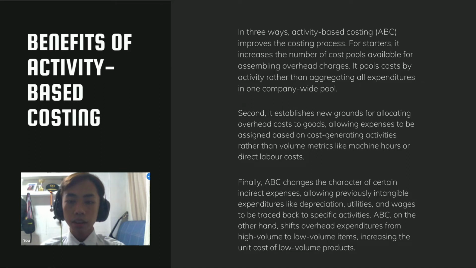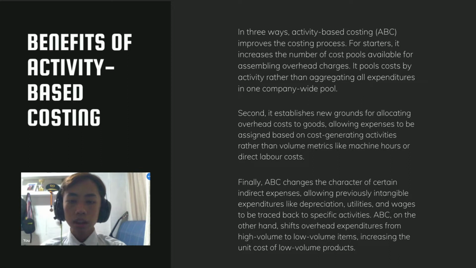Second, it establishes new groups for allocating overhead costs to goods, allowing expenses to be assigned based on cost-generating activity rather than volume metrics like machine hours or direct labor costs.